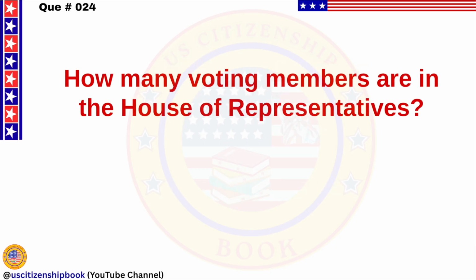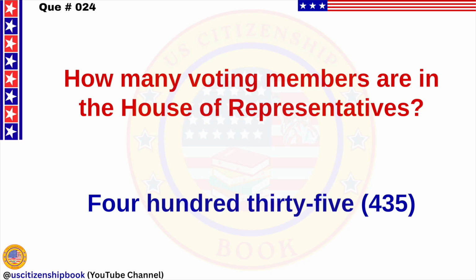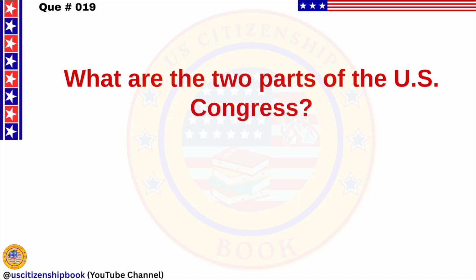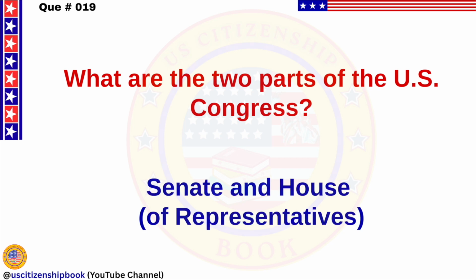How many voting members are in the House of Representatives? 435. What are the two parts of the U.S. Congress? Senate and House of Representatives.